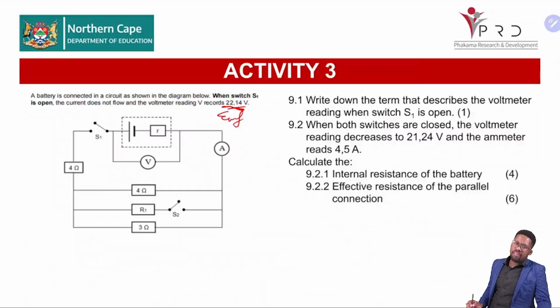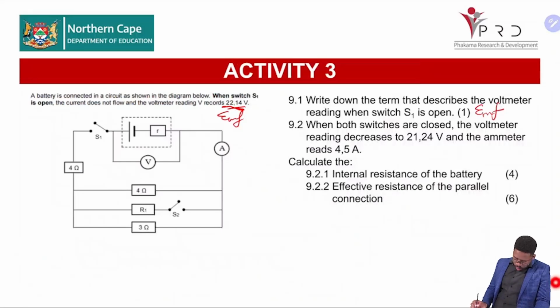Once you have the EMF, you'll be asked for the internal resistance. Then, write down the term that describes the voltmeter reading when switch S1 is open. You can see that these answers come out on their own. And the answer will be EMF.